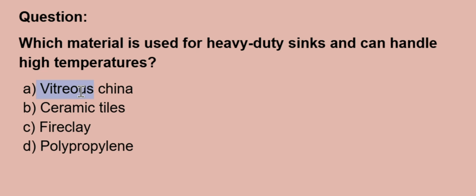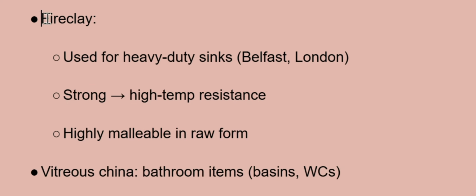So if you think about toilet basins, toilet seats, bidets, those kinds of things, they tend to be made from vitreous china. Ceramic tiles are for floors and walls. And then you've got fire clay, which isn't used that often in domestic cases, but you've got these old school heavy, square sinks.